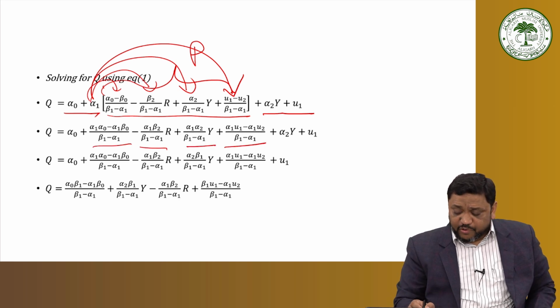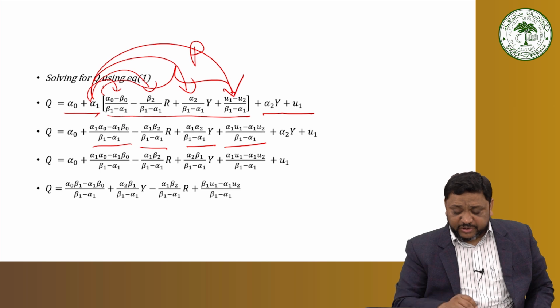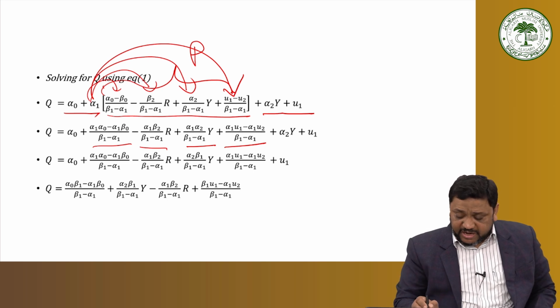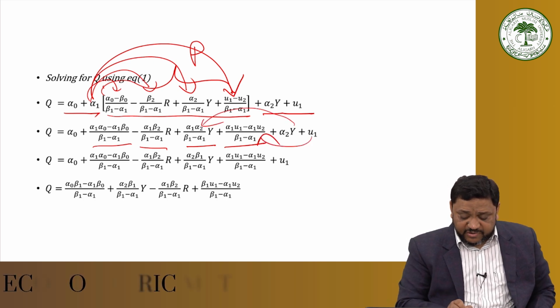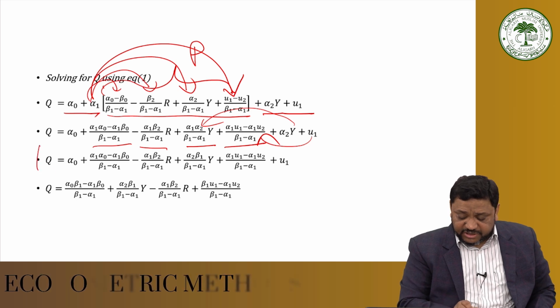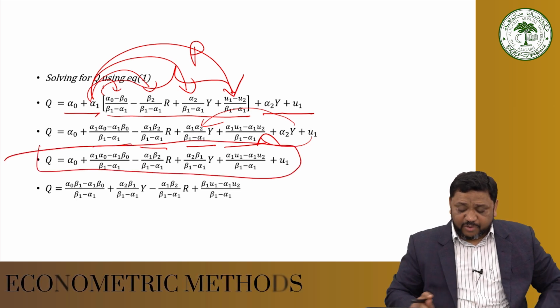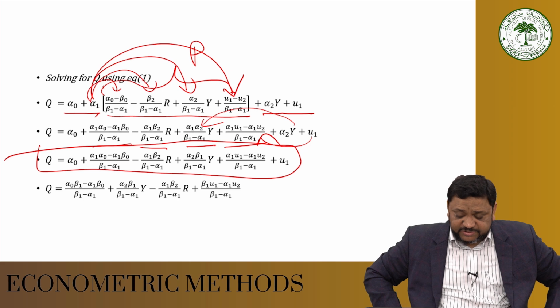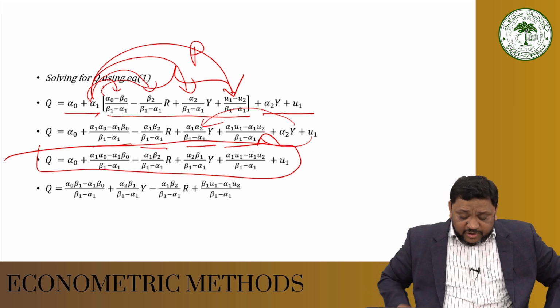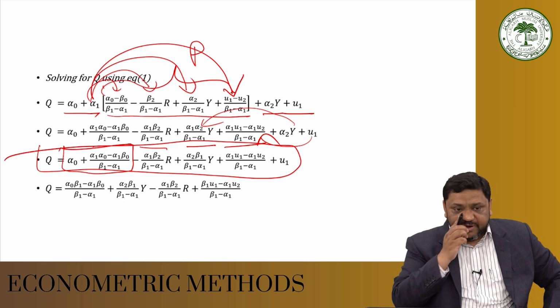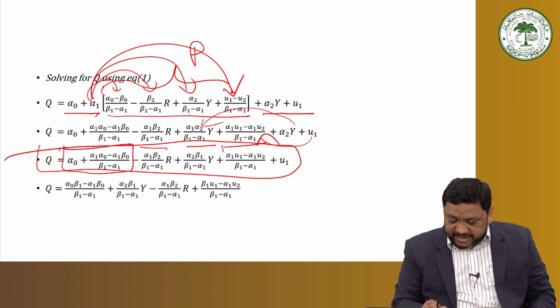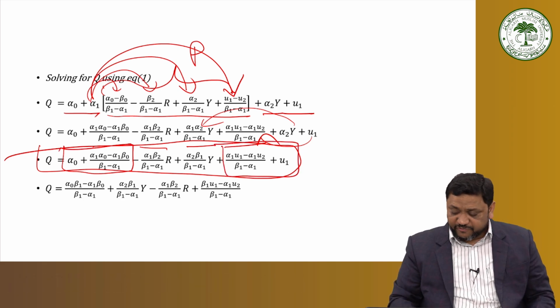Then we take our Y terms together. We incorporate our Y term over here and we incorporate U2 over here, and then we get this equation. Upon incorporating Y, we can write it like this. Then finally we take the LCM and incorporate alpha naught with the first term, and we take the LCM and incorporate U1 over here.